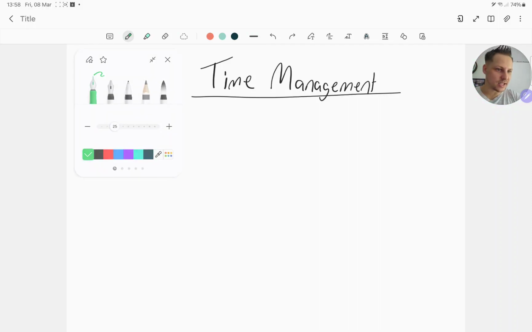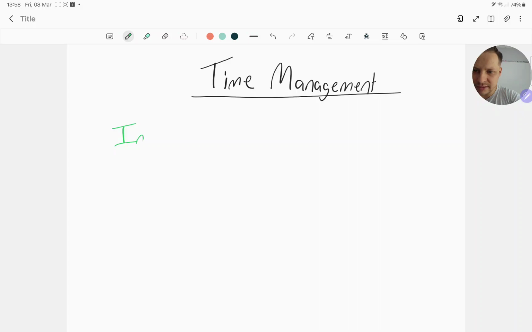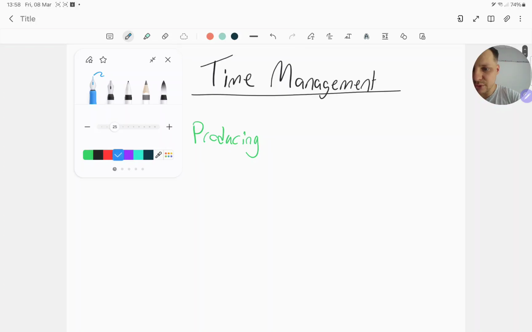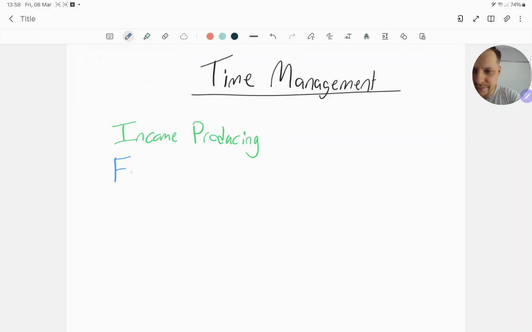We can allocate our time into income producing activities. We can allocate our time into future income producing activities. Or we can allocate our time into things where we kind of waste time.